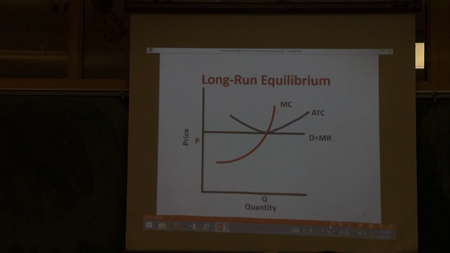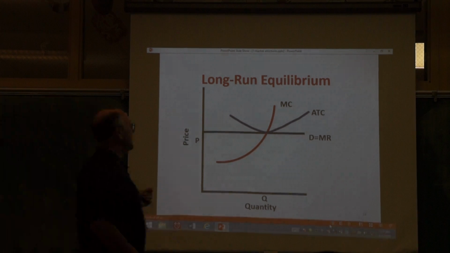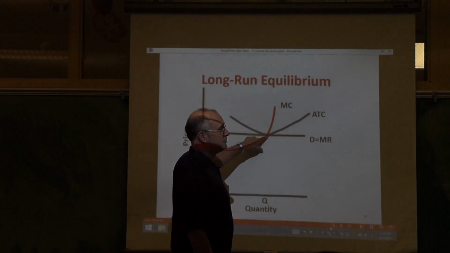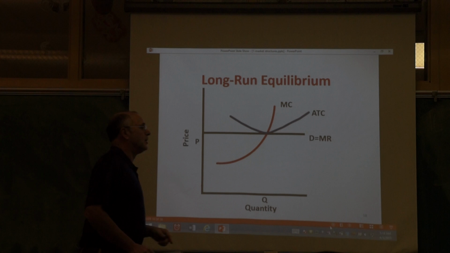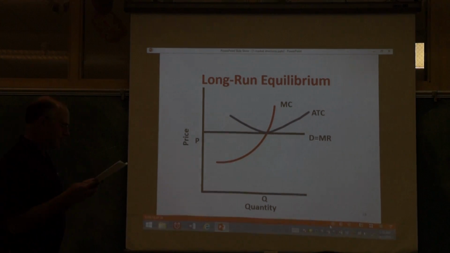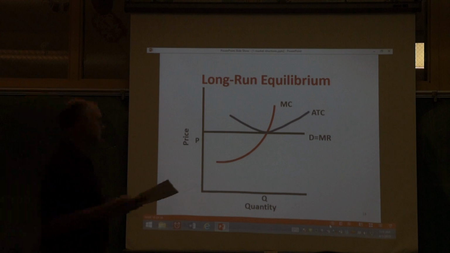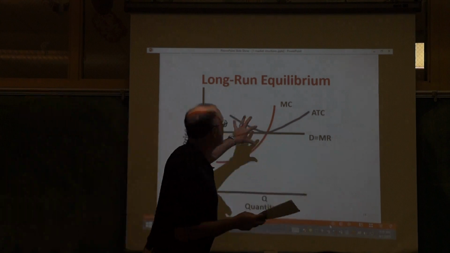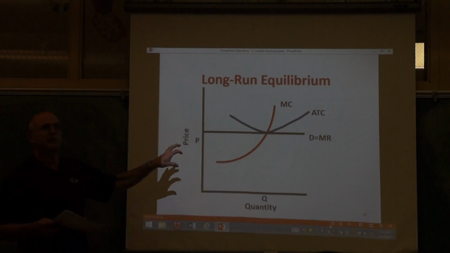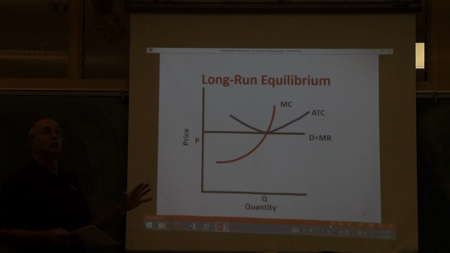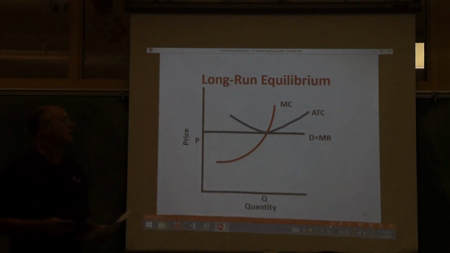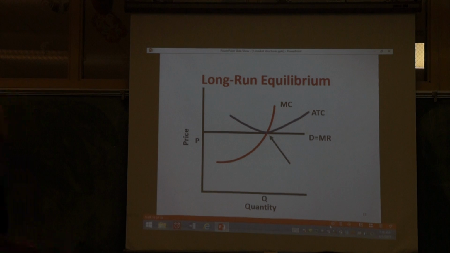If you're producing where MC equals demand, you're producing at allocative efficiency, and we're doing that too. So we're hitting both spots here. This is the only market that you're both allocatively and productively efficient. So, by the way, in the long run, if they ask you what's deadweight loss, there is no deadweight loss because you're both productively and allocatively efficient.